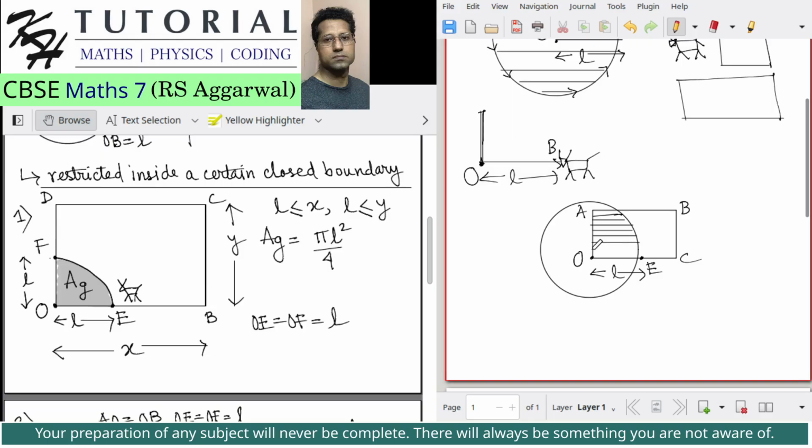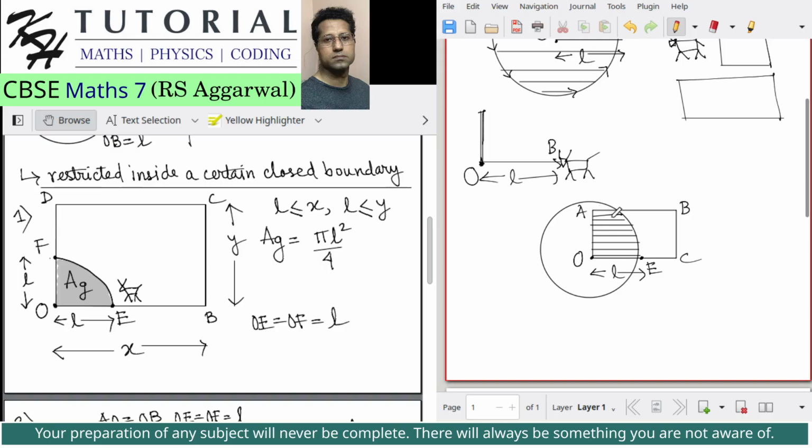So this would be the maximum area over which the animal could have grazed if the movement of the animal is restricted within the boundary of the rectangle OCBA.